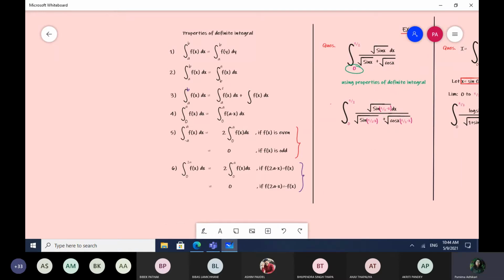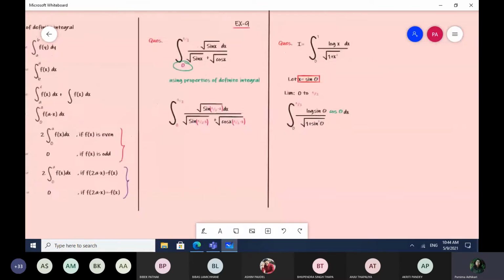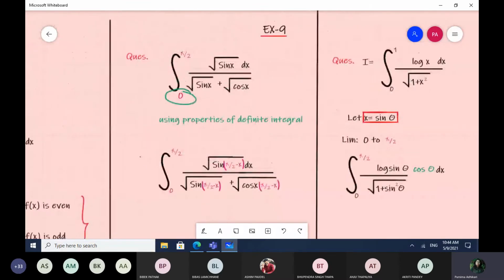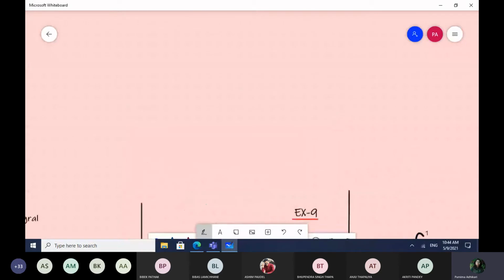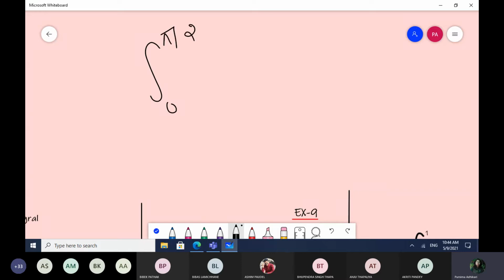Now let's look at another one. Let me give you one more task. You will find the integration on your own for this. Let me give you this question. All of you have got your PDF, isn't it? So all of you solve this.